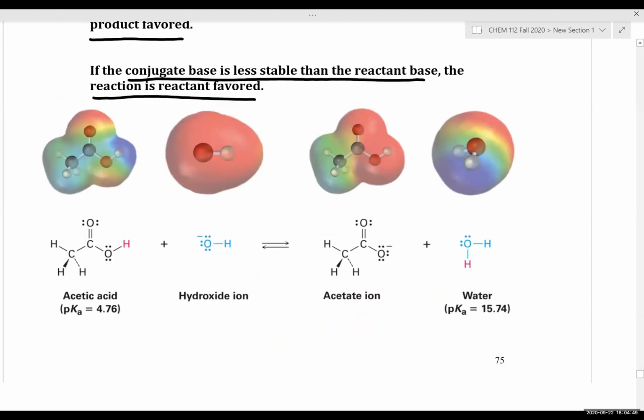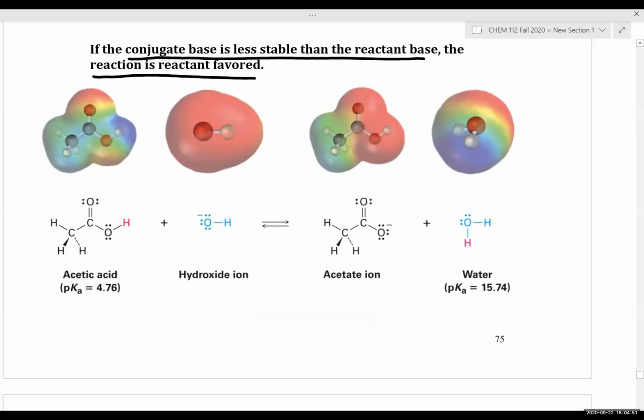So our classic example, we compare acetic acid and water. Hydroxide ion is less stable than acetate because it's not able to experience resonance delocalization. Acetic acid is more acidic. Both of these factors suggest the reaction is product favored.